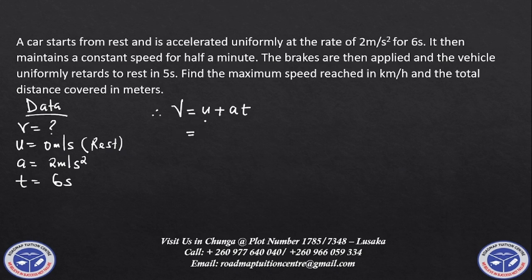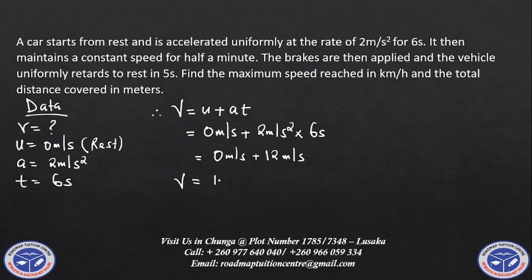Our initial velocity is 0 meters per second plus our acceleration, 2 meters per second squared, multiplied by the time, 6 seconds. 2 multiplied by 6 gives us 12 meters per second. So maximum speed is equal to 12 meters per second.